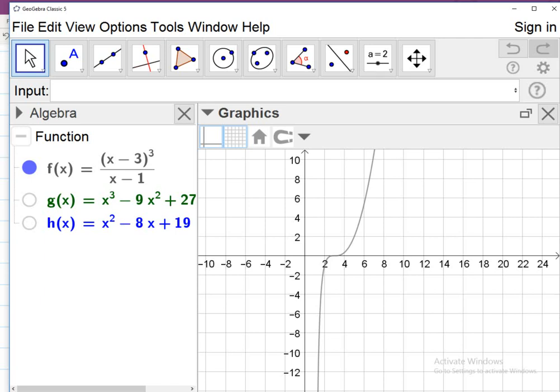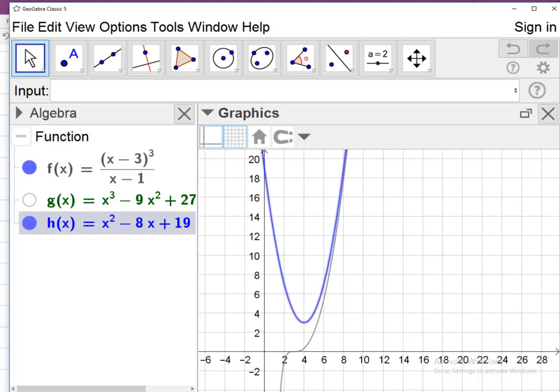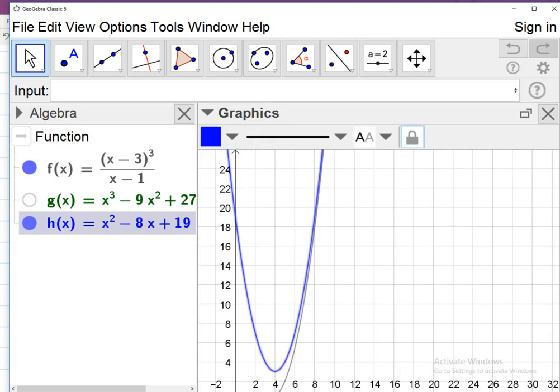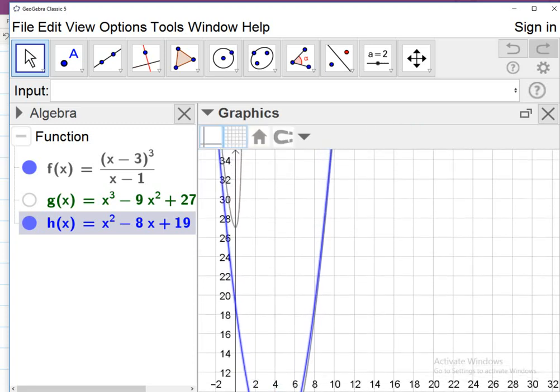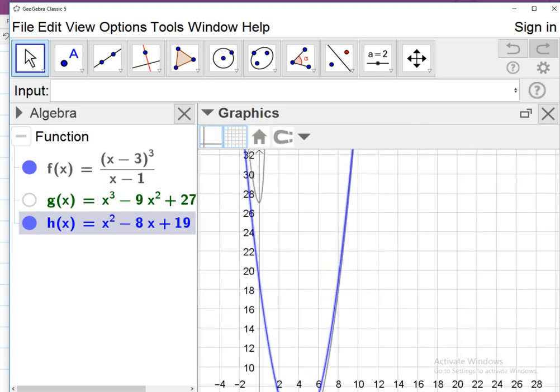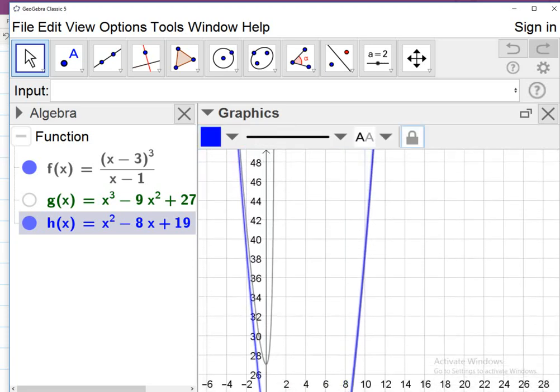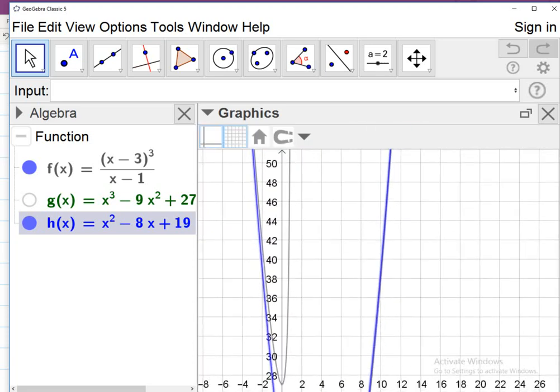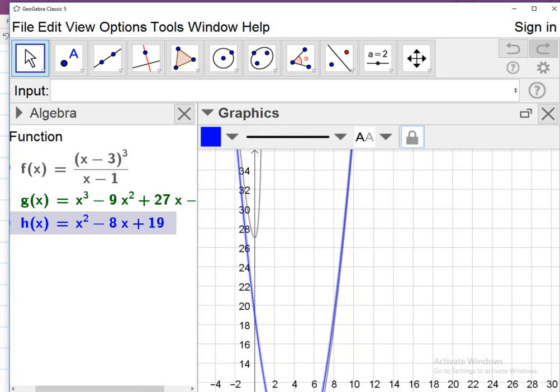But if I put in this parabola, which is the asymptote, would you agree that the gray function is behaving around that asymptote? Now, something we weren't seeing with this graph because of where I was zoomed in, there's actually more of this graph up here. Don't we have an asymptote at x equals 1?